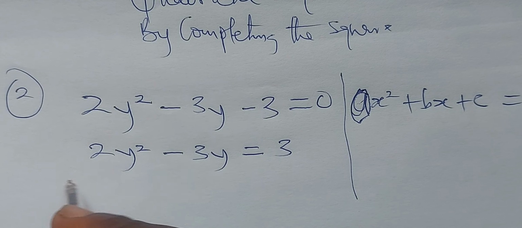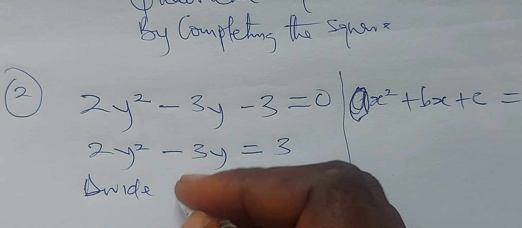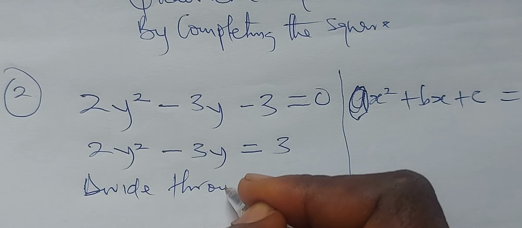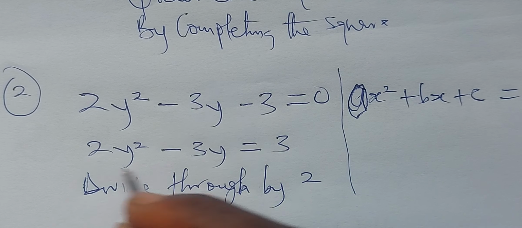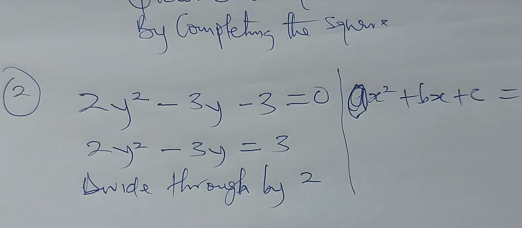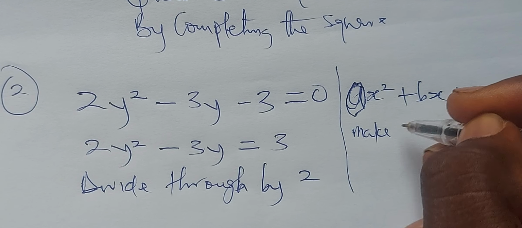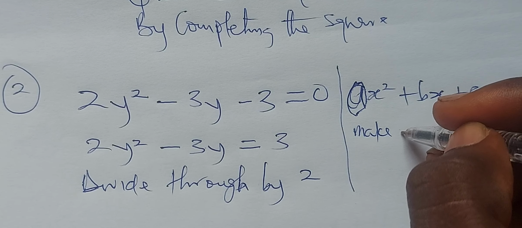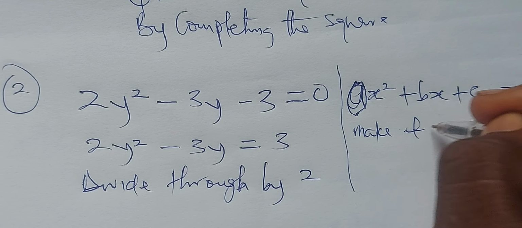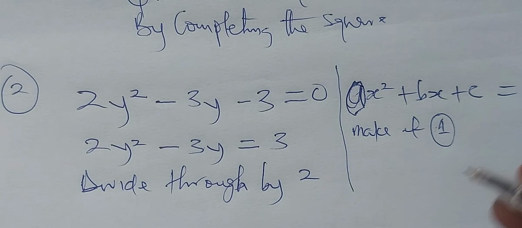And what do you do? You divide all through by 2, so that the coefficient of y squared can be 1. You must note it. Make it 1.